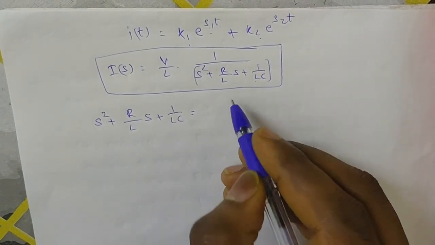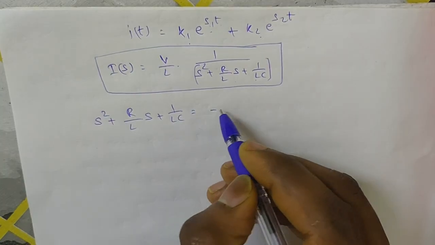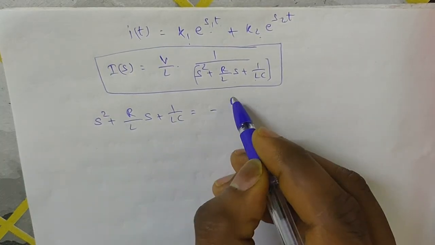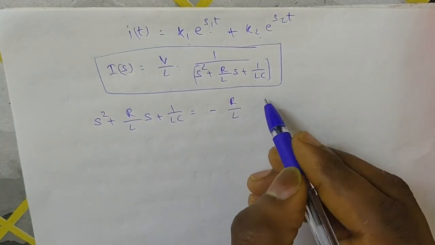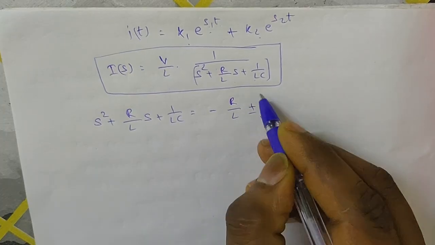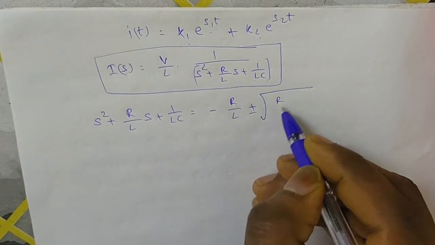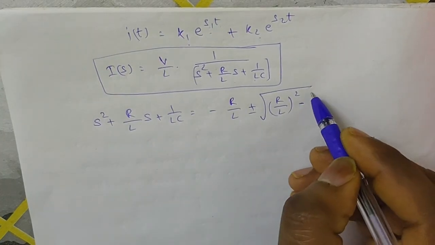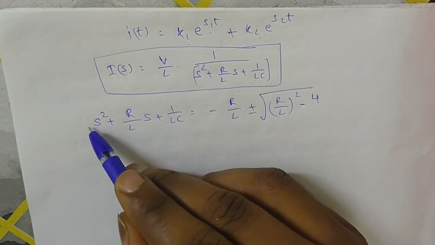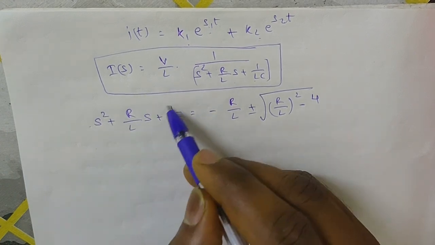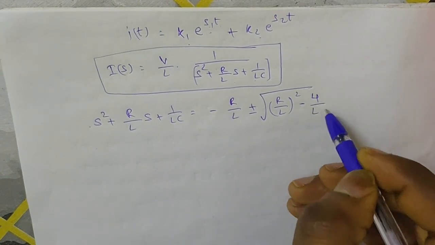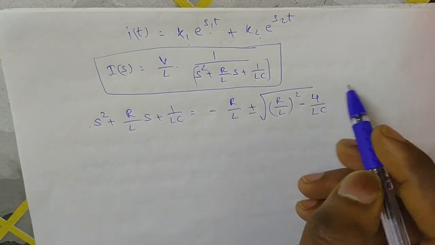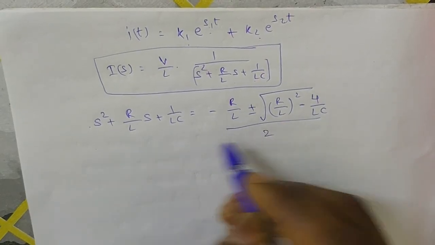So for these roots, as it is a second order, the formula is minus b, where b is R by L, minus b plus or minus under root of b square minus 4 times a into c, where a is the s square coefficient and c is 1 by LC, all by 2 times a.